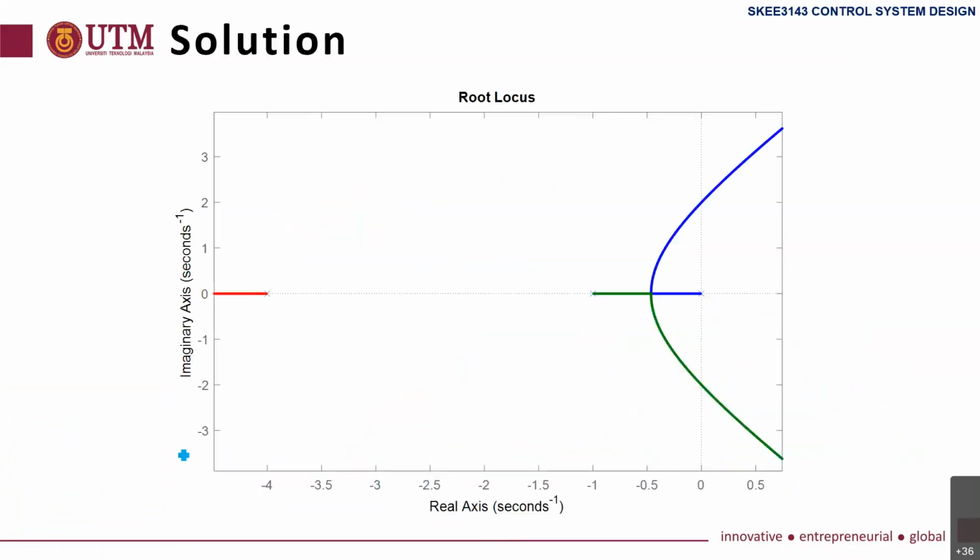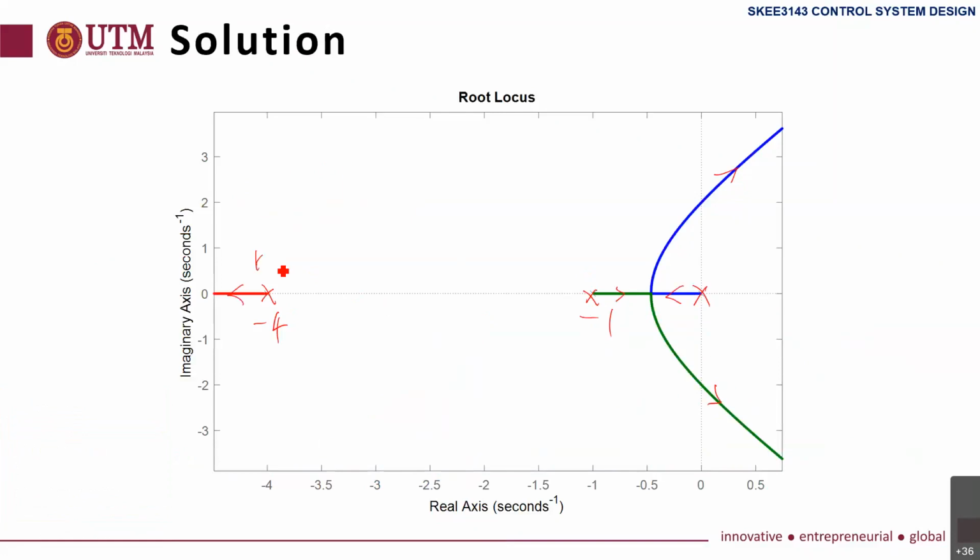This is the one I plotted using Matlab. You can see here the three poles at 0, -1, and -4, and we have three asymptotes. We go here, and this is the arrow.